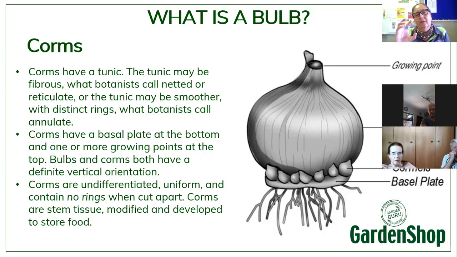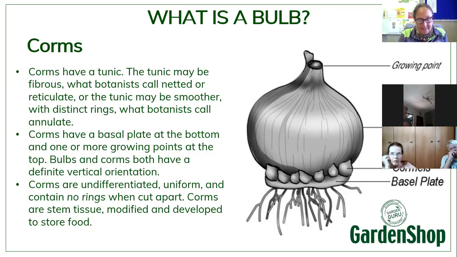In fact, the flesh inside the corm is more a solid type of flesh. Corms also have a basal plate at the bottom and one or more growing points at the top.